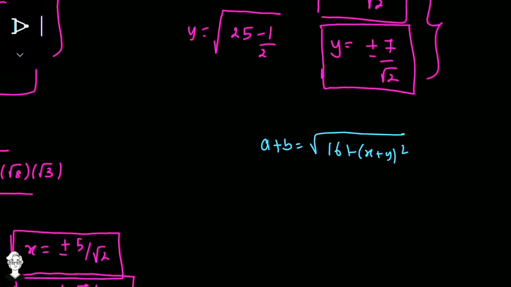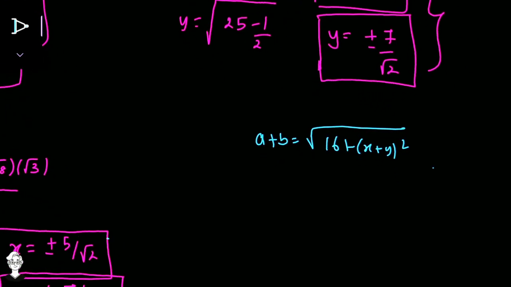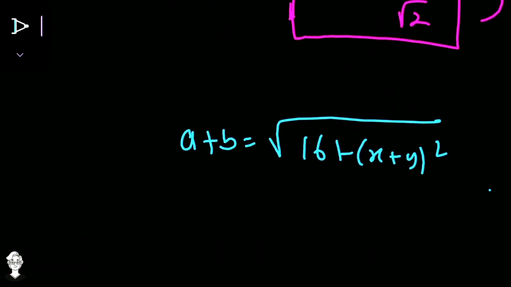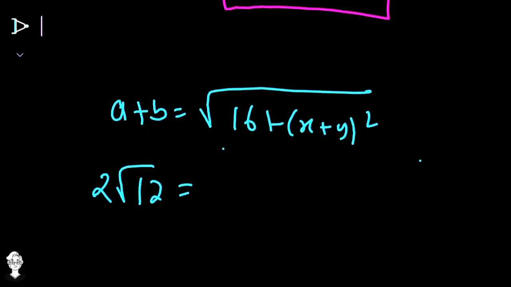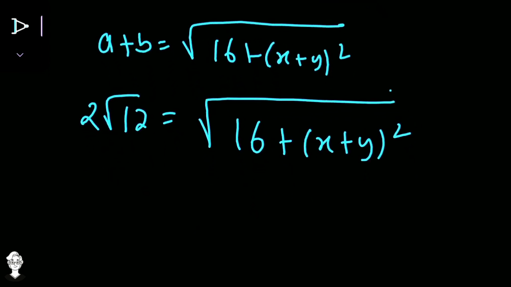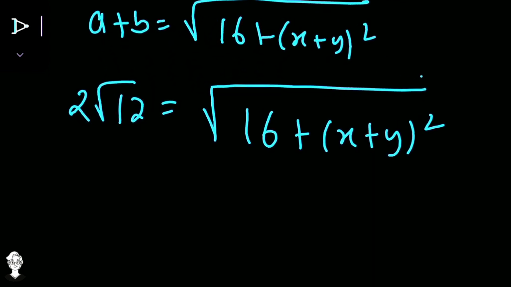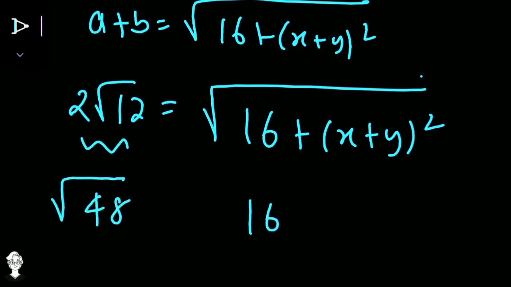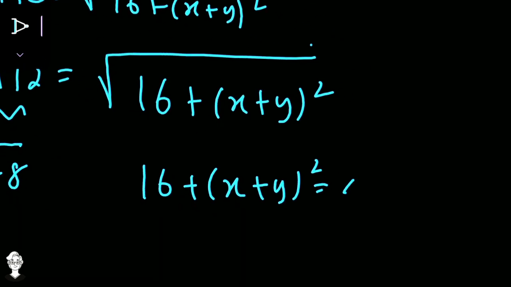So when I add both, what I will get is 2 times square root of 12. Now over here also I should get 2 times square root of 12. So 16 plus x plus y the whole square should give me 2 times square root of 12, and this is nothing but square root of 48. So 16 plus x plus y the whole square should be equal to 48.